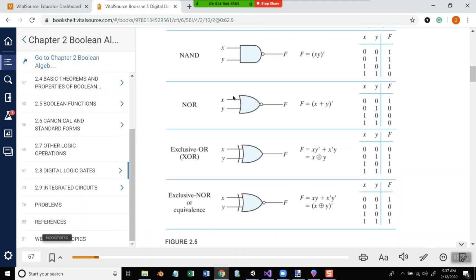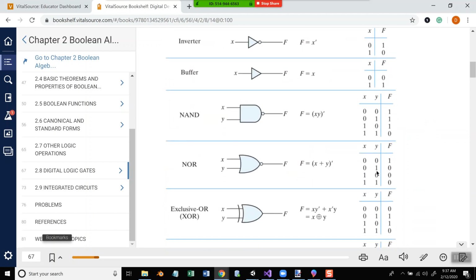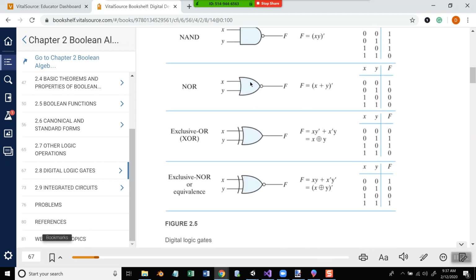By the way, if they do throw something else in there like you haven't seen before, if you look at these right here, you can see the pattern when you look at your truth table. Like NOR, we haven't talked about yet. 0 and 0 is 1, 0 and 1 is 0, 1 and 0 is 0, 1 and 1 is 0. This is taking the results of an OR and negating them, doing the invert.